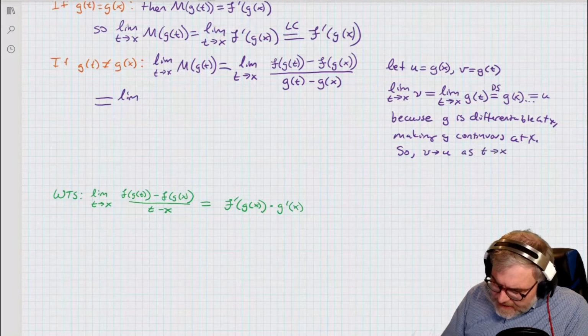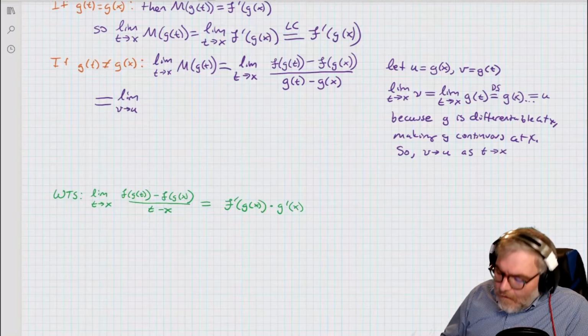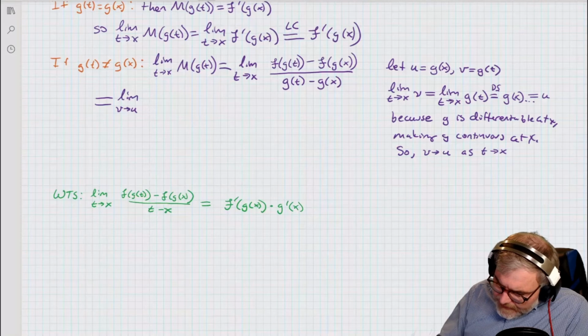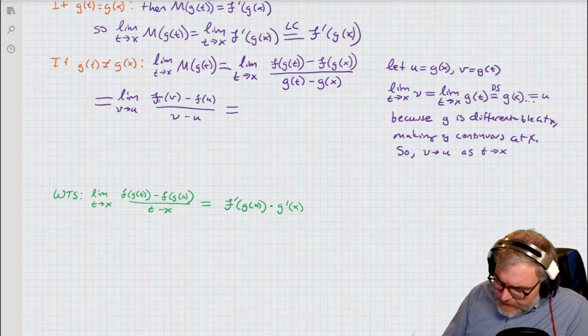So I'm going to replace the t to x with a v to u. And then the top is going to become f of v minus f of u all over v minus u. And that right there is the v to u definition of the derivative of f.